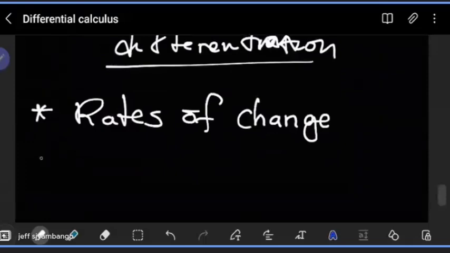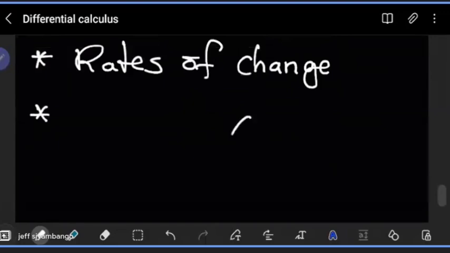So another thing that we can describe here, or where we can use the derivatives, is in coming up with equations for turning points, or finding turning points themselves. Because what you should understand is that at a turning point, the gradient is going to be zero.